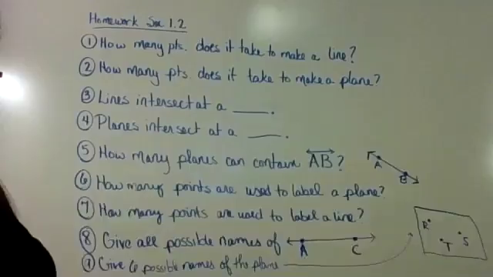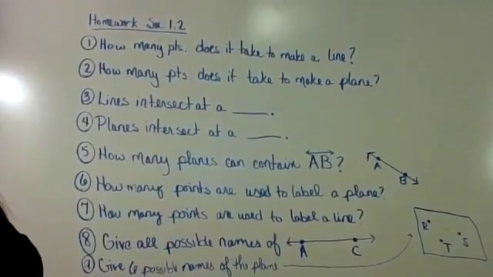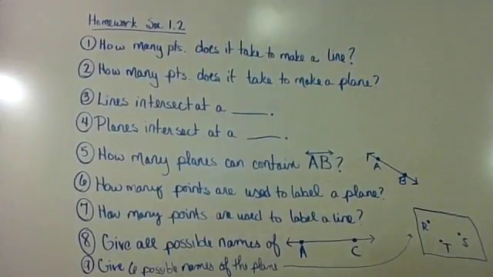Okay, hold on. Okay, those are the 9 problems for this section. How many points does it take to make a line? How many points does it take to make a plane? Lines intersected a blank. Planes intersected a blank. How many planes can contain A, B? How many points are used to label a plane?